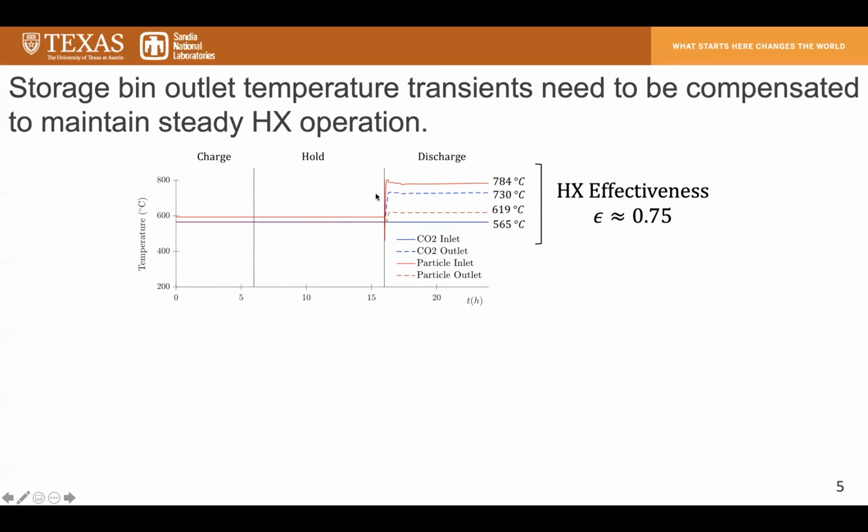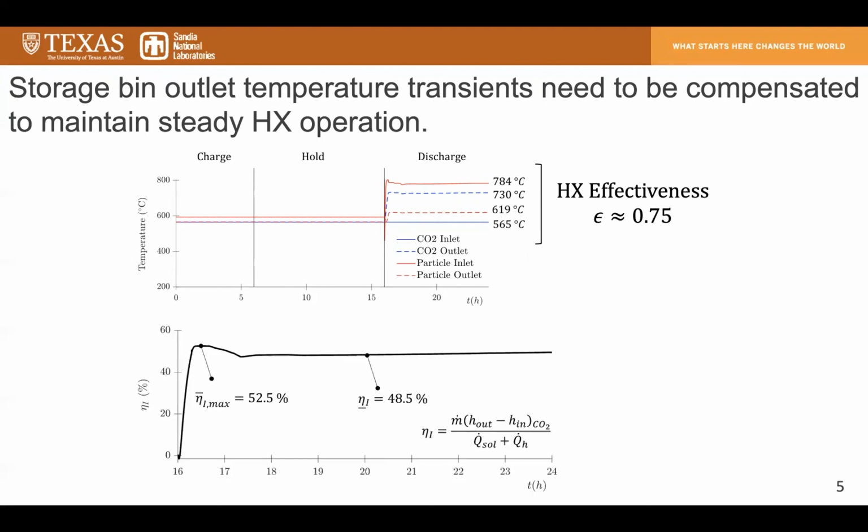You can see here that the simple system that we've been modeling in Modelica does a relatively good job with this, maintains an effectiveness of about 0.75, but of course this comes at a cost. We need to input some energy for any marginal deficiencies in that particle outlet temperature, and that comes from a marginal heater that we have underneath the hot storage bin.